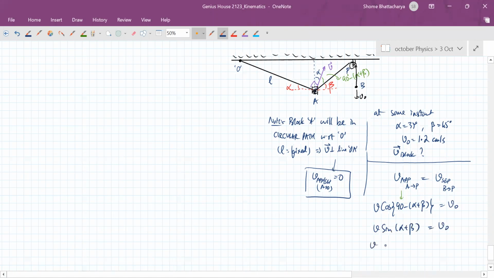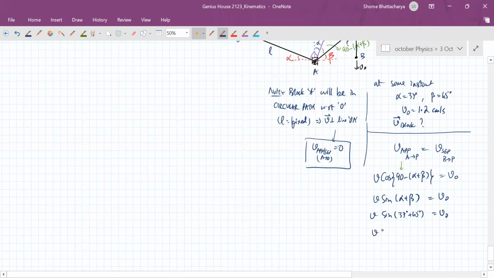In this particular case, it is sine of (37 plus 45). You can write that as sine 37 cos 45 plus cos 37 sine 45. So V will become 5 root 2 by 7. Is that correct?